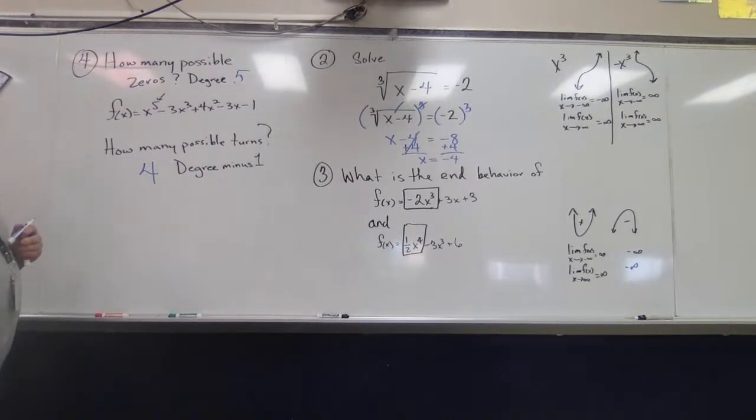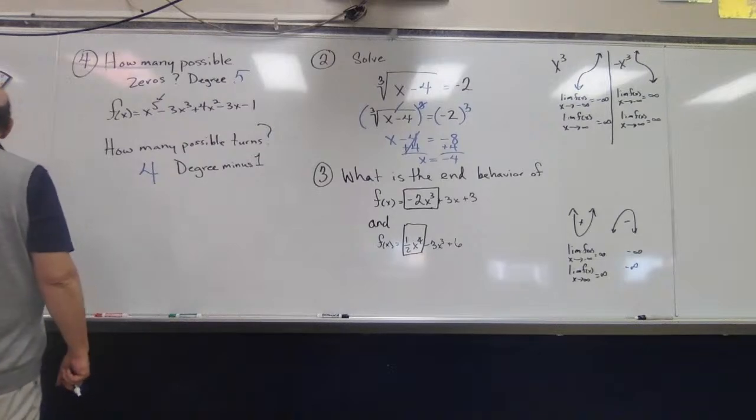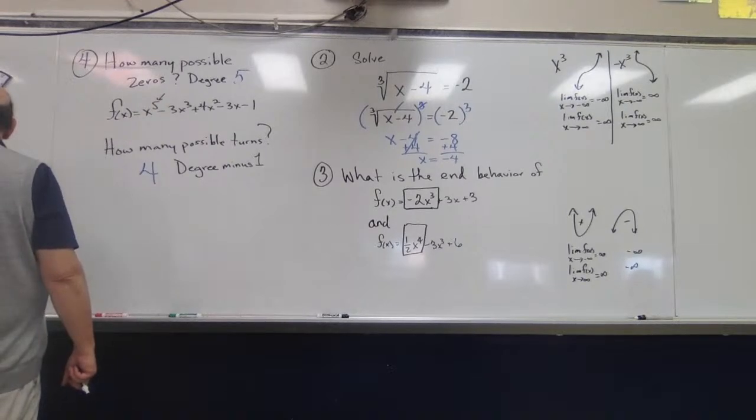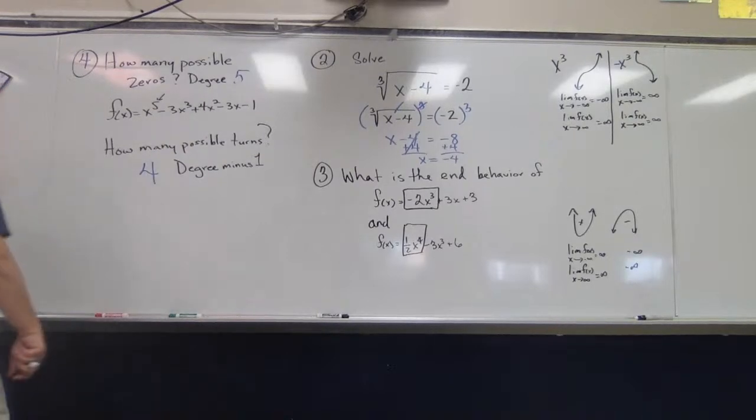Okay. So if it's like 6, it'll only go like 5 times. Correct. Super simple. And I have to write 4 degree minus 1 on my test. You don't have to. You can just write 4. Okay. I would understand.